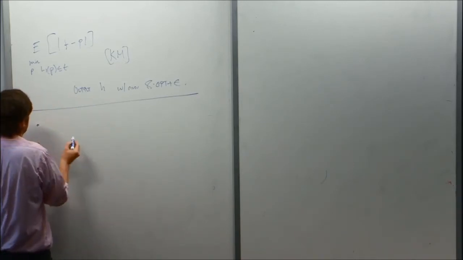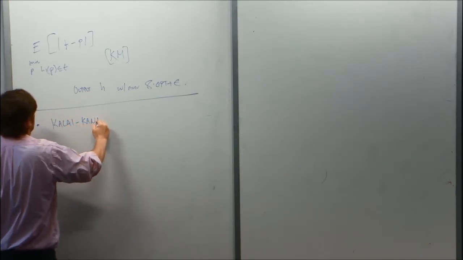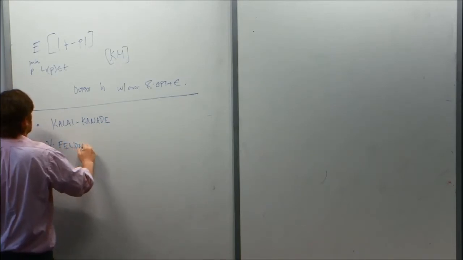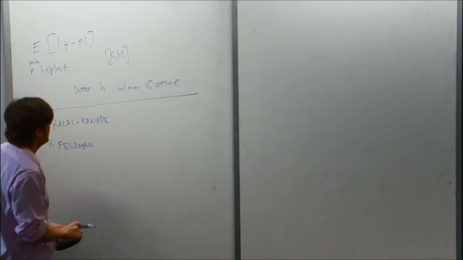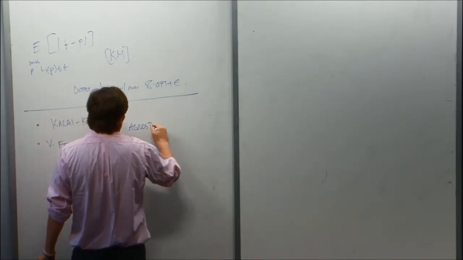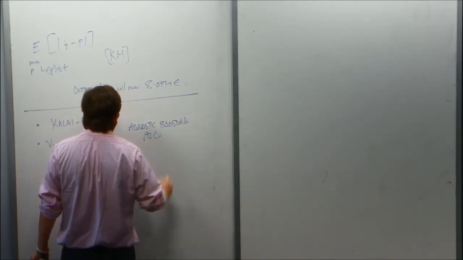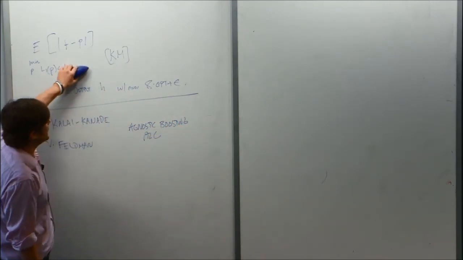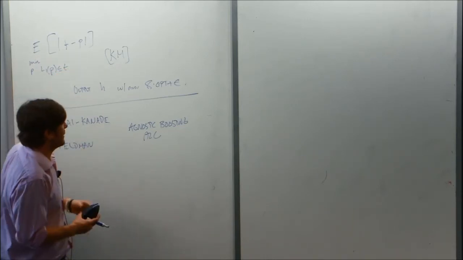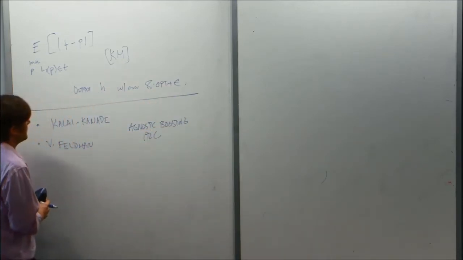There were two concurrent results, one by Kalai and Kanade, and one by Vitaly Feldman, that give agnostic boosting algorithms and can be used to take this as your weak learner, use it as a black box, and obtain a strong agnostic learner, one that gets exactly 1 times opt plus epsilon.